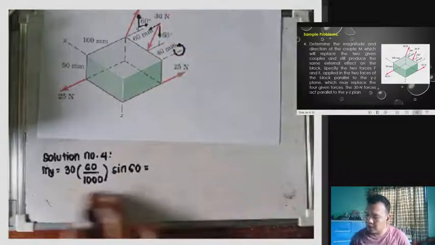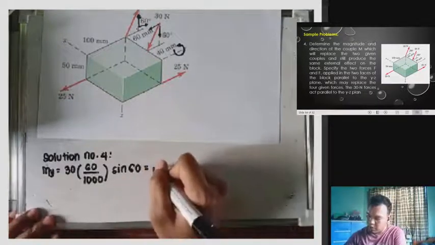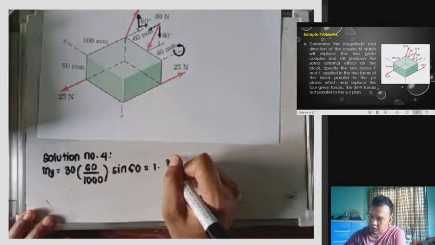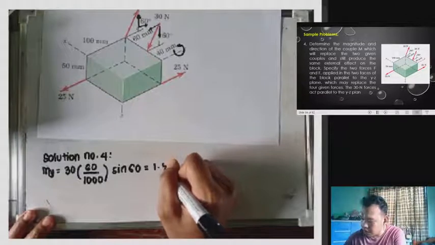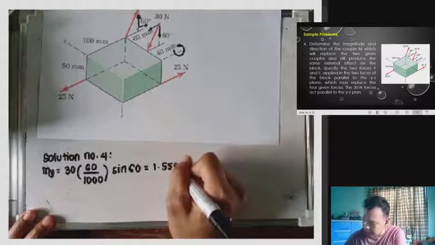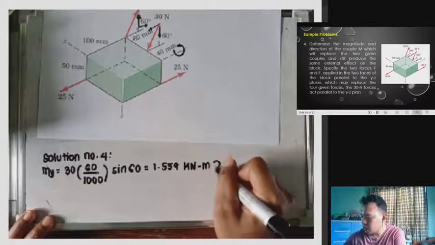So, we have here 30 times 60 all over 1,000 para ma-convert na into meters yung mm natin, multiplied by sine 60 angle. We have here 1.59 kilonewton meter, clockwise pala.